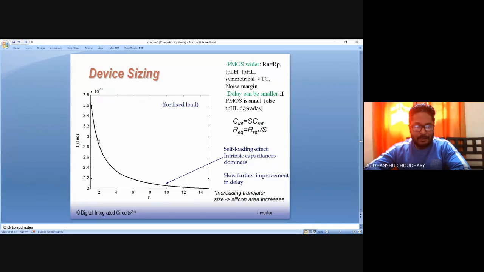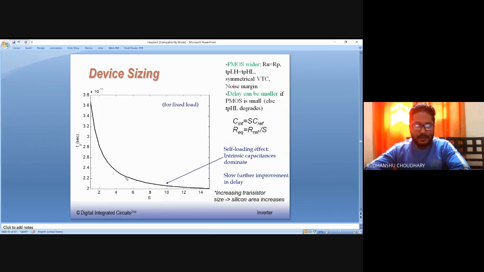Here the delay was decreasing at a very sharp rate, but around this point, 10 to 14, delay was not reducing, right? So this is the point where we discussed that self-loading effects are coming into the picture. So one has to stop increasing the size once you see that delay is not improving further. That way one can find out the optimum size.